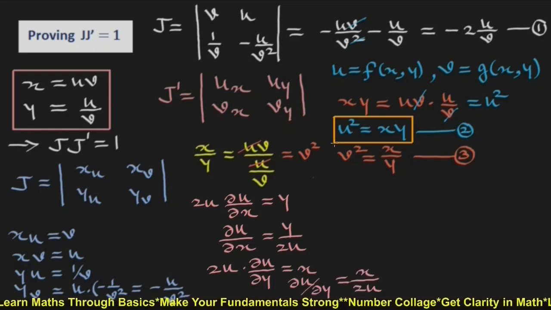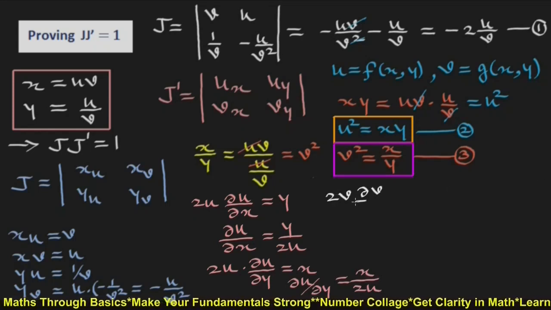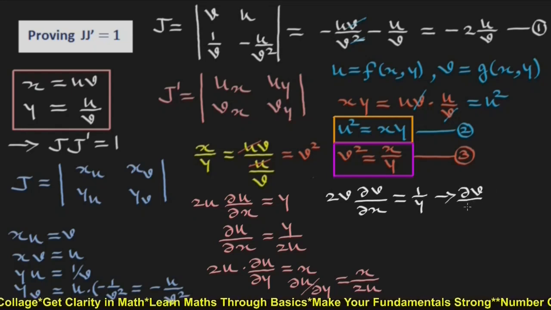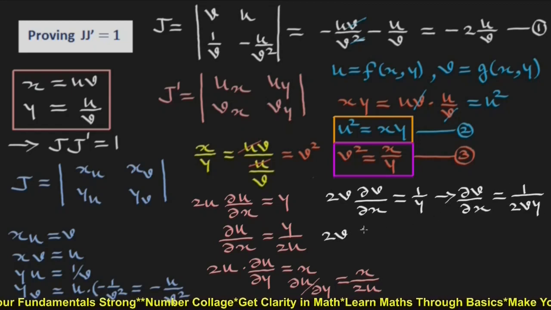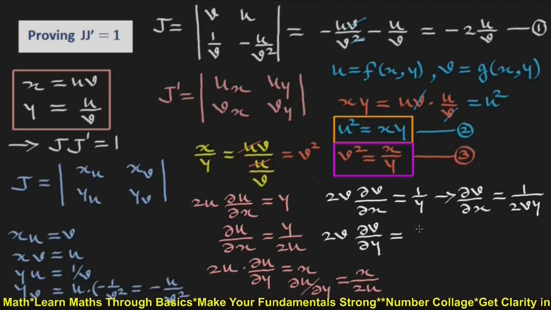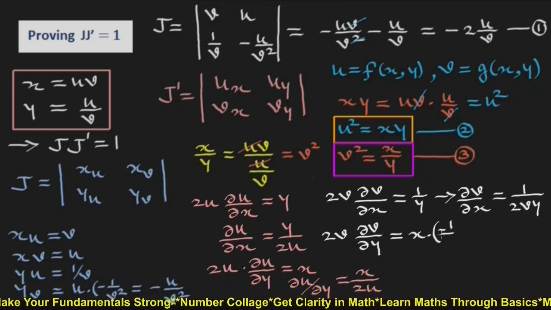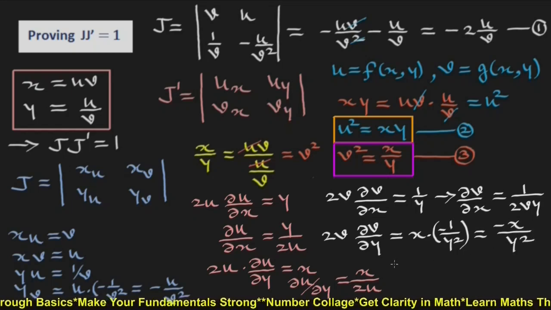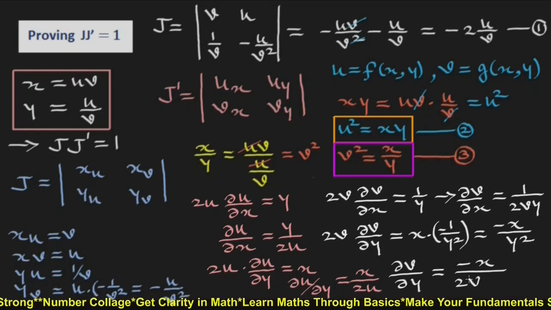Similarly, from v square equals x upon y, 2v ∂v/∂x will be 1 upon y. So ∂v/∂x will be 1 upon 2vy. Also 2v ∂v/∂y will be x into derivative of 1 upon y, minus 1 upon y square, which is minus x upon y square. So ∂v/∂y will be minus x upon 2vy square.